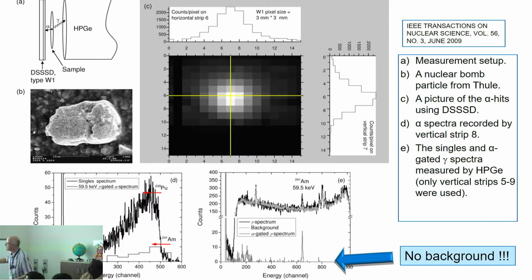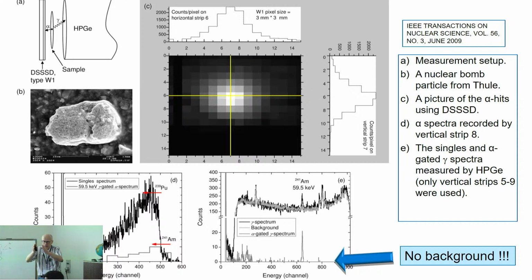I have to read it. The singles spectrum means the raw alpha spectrum. And the red one is the 59 kilo-electron volt americium peak gated alpha spectrum.